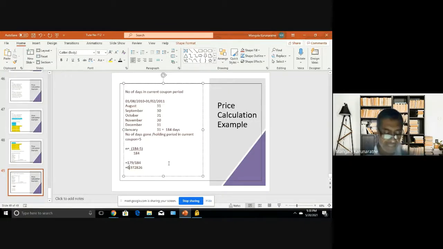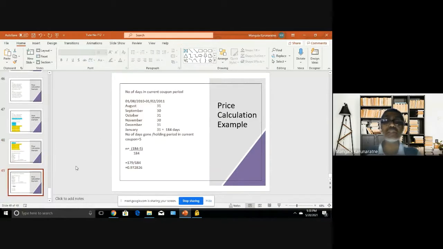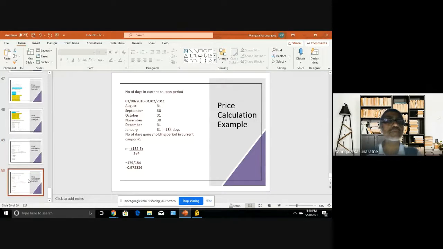Now it's easy. Now you just put in the cash flows. We know the cash flows now, right? I'll do it in a slightly different way.